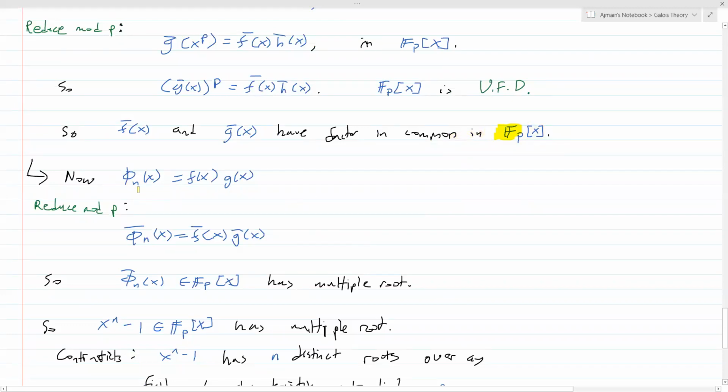All right, now let's take a step back and remember that we factored the assumed-to-be-reducible cyclotomic polynomial as a product of an irreducible and some other polynomial. And now we reduce mod p, and we get this reduced equation.